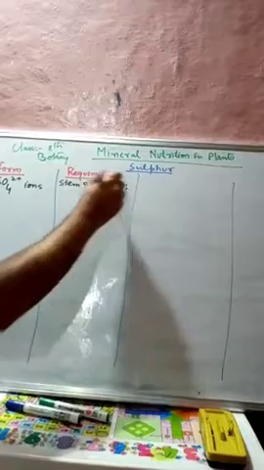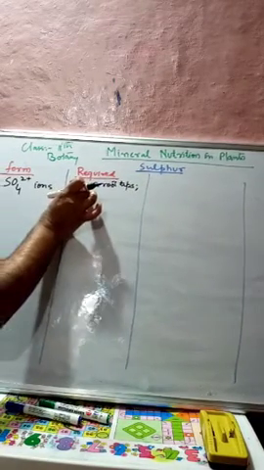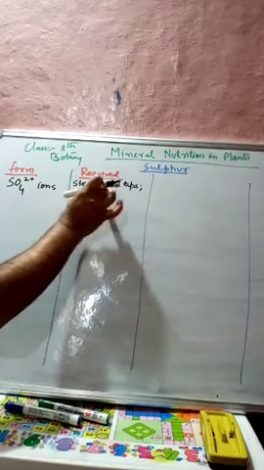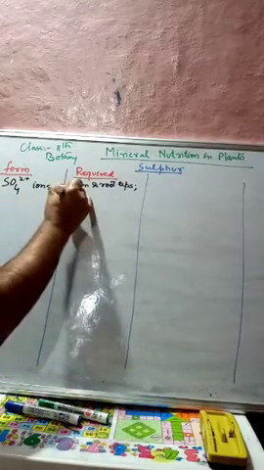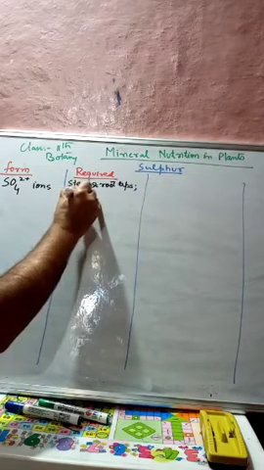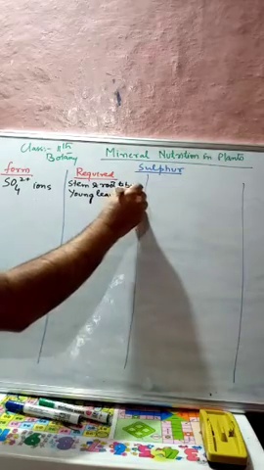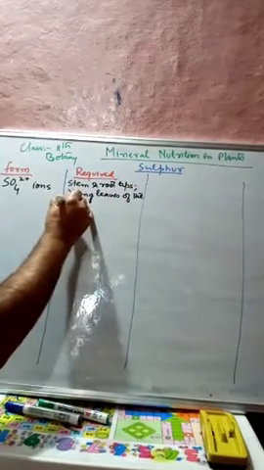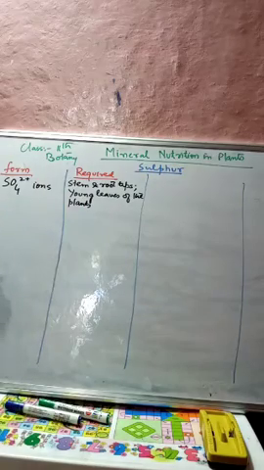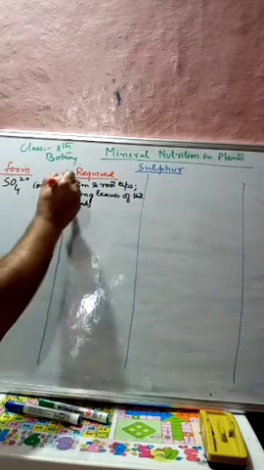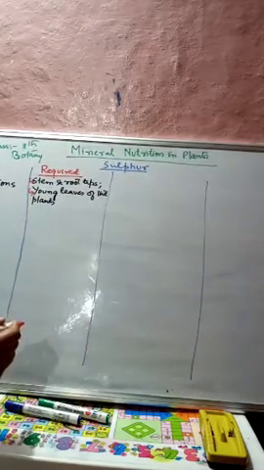It is mainly required at the stem, at the root tips, and it is required in the young leaves of the plant. So first it is required at stem and root tips, then it is required by the young leaves of the plant.